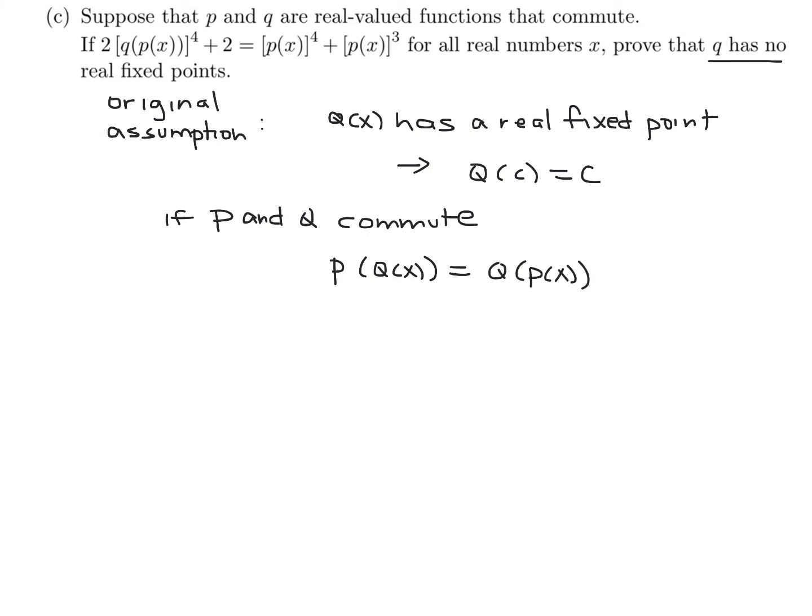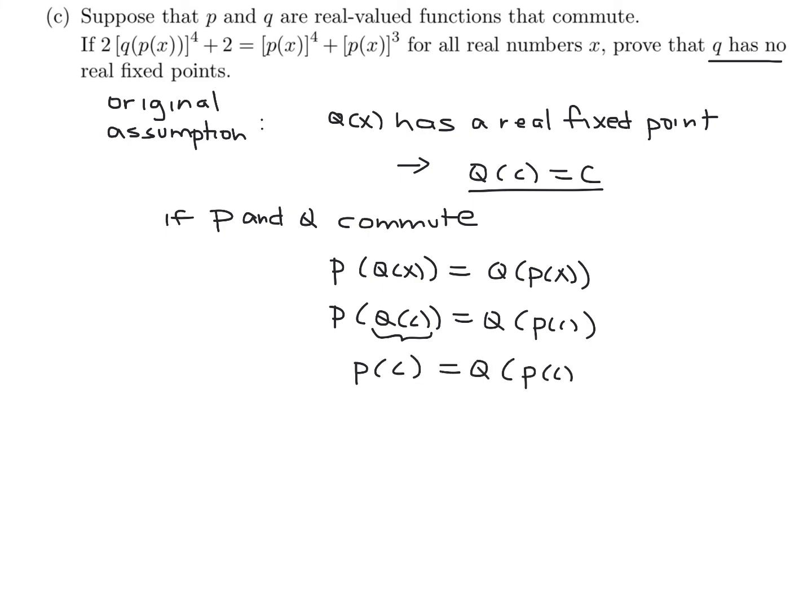And let's just put in c's since we are used to c's. So p at q at c is equal to q at p at c. Now from this, instead of q at c, it's equal to c, so just put in c. So there we go. And this is about as far as I can go, so I will just call that equation 1.